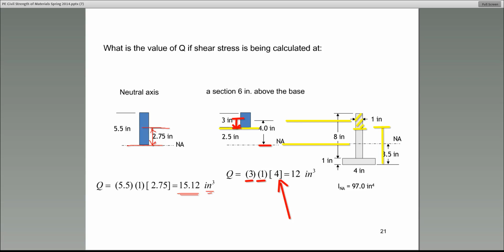Now, if you don't have a whole lot of experience with this, listening to me, you may not believe me, but you can do this later to prove to yourself. For example, here, instead of that yellow shaded area, if you use this red shaded area to find Q, numerically you will get the same value.